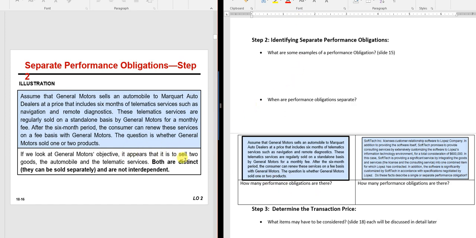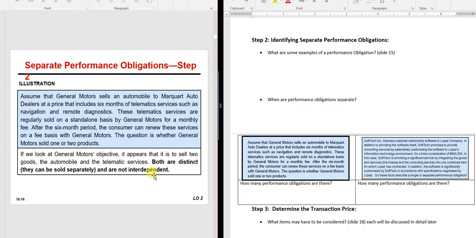So it appears that we sell two goods, the automobile and the telematic services. Both are distinct. They can be sold separately, and they're not interdependent. In other words, you don't have to buy one without the other. So think about the bonds that were convertible, how the bond and the conversion part, you couldn't separate it.